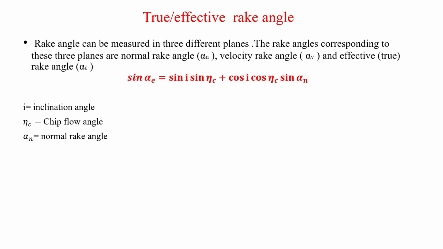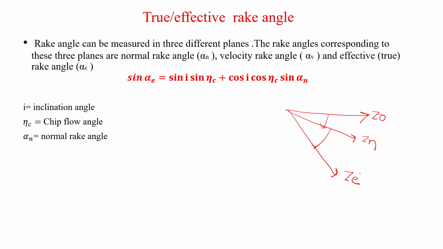Now from the orthogonal plane, it is like this. We have the orthogonal plane Z0, then the normal plane Zn, and then some effective or true plane, Ze. So the transition of the chip is from Z0 to Zn and then Zn to Ze.